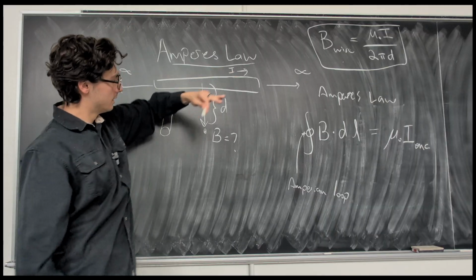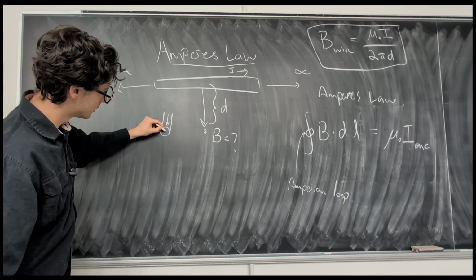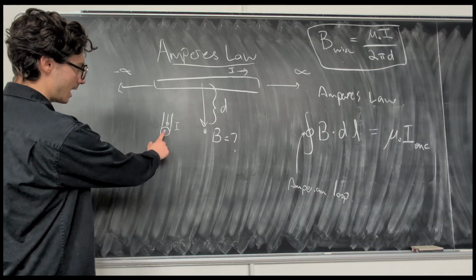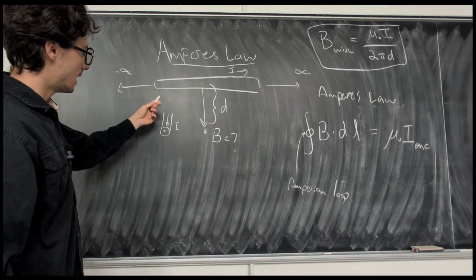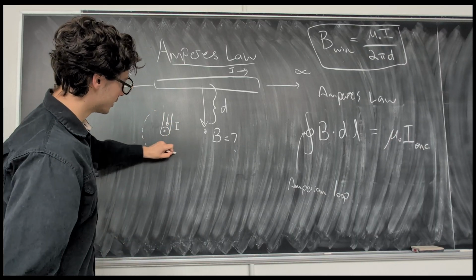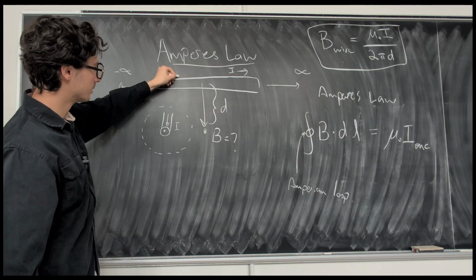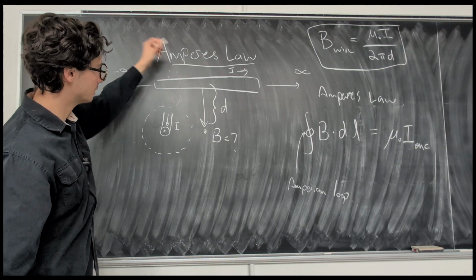So if I take the wire and face it like this, the current is coming out of the page, defined by this dot. I can draw an Amperian loop, a two-dimensional object, around the wire. Over here, it would look kind of like a little hula hoop going like this.